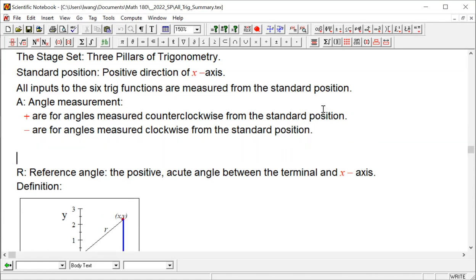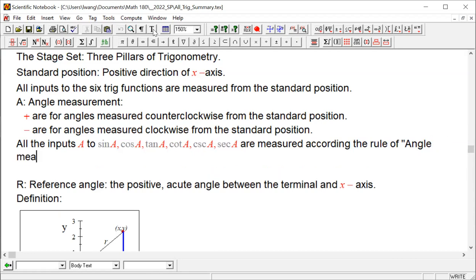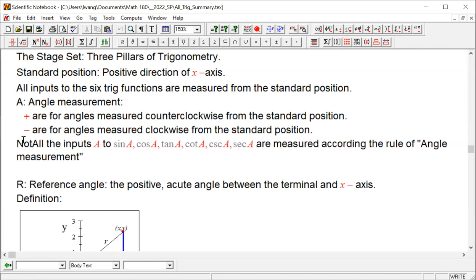So I'm going to put a note here: all the inputs to sine, cosine, tangent, cotangent, cosecant, secant, all the inputs, the angles, are measured according to the rule of angle measurement. So this is my note number 1.